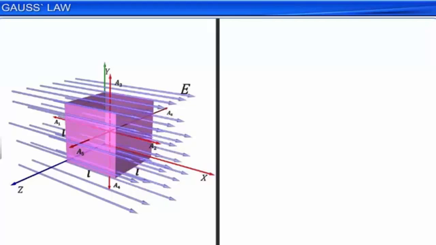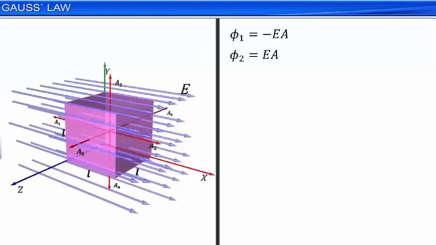Now we see that the electric flux phi1 through face 1 is equal to minus EA, since it has inward flux. And through face 2 it is phi2, which is equal to plus EA, since the flux is outwardly normal to it.